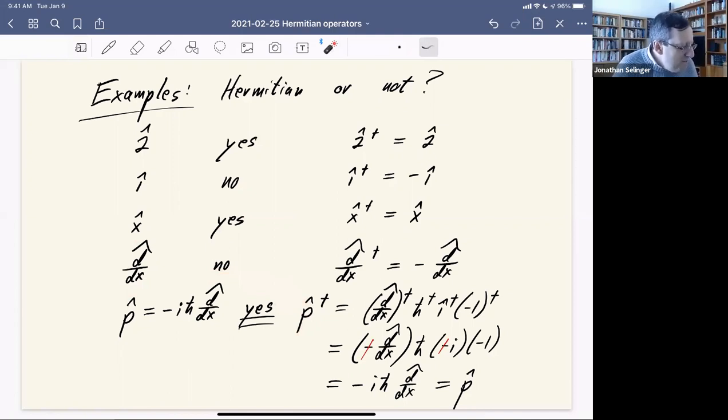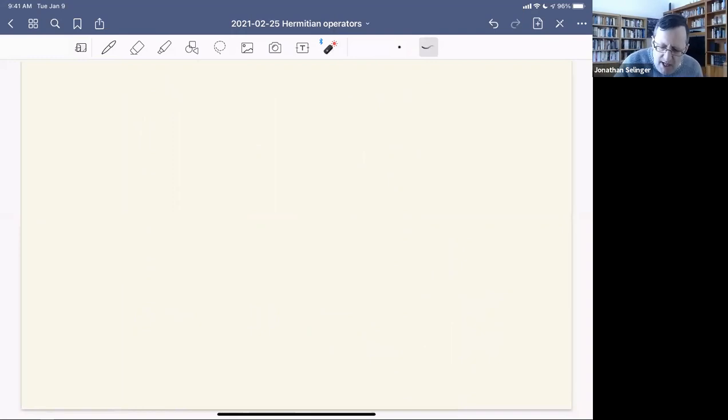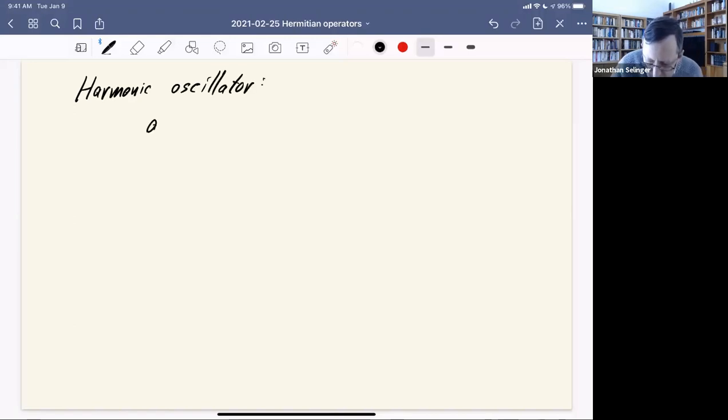Let's do one more example like that. Let's do the raising and lowering operators for the harmonic oscillator. You remember we have these raising and lowering operators.